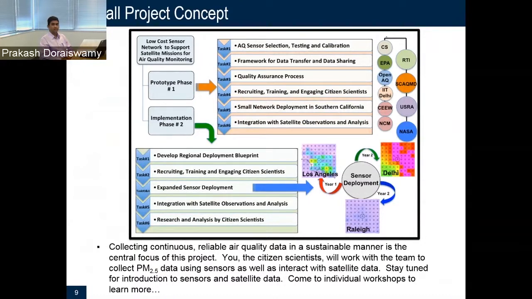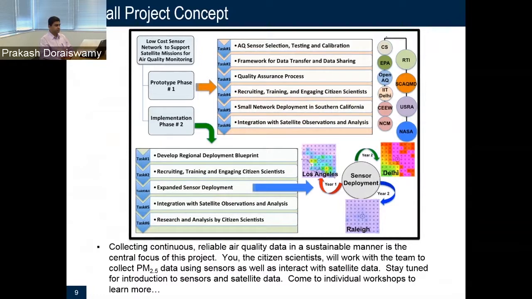The idea behind that is we have 3 regions with different particle loadings and different particle composition. Los Angeles may have high particle concentrations in the US context, but on a global basis, it probably falls in the medium air quality range.